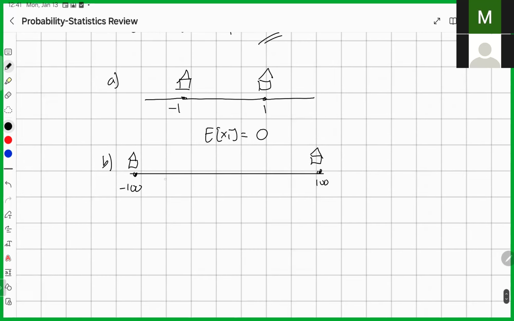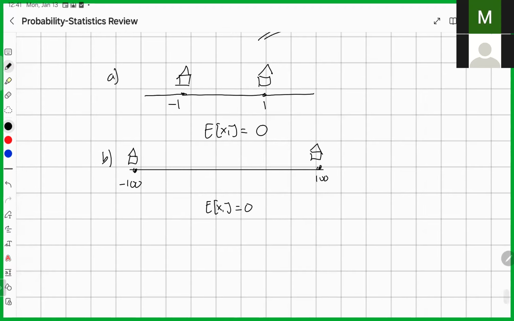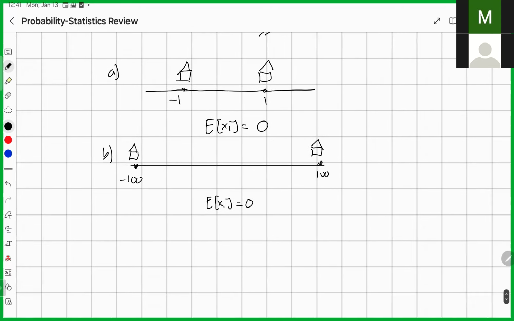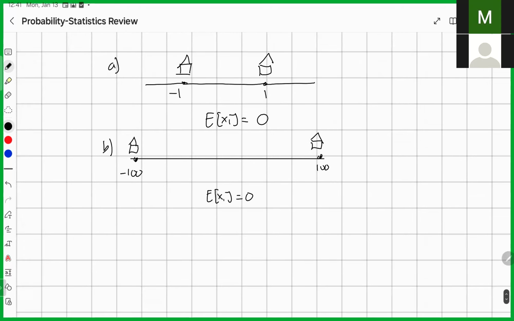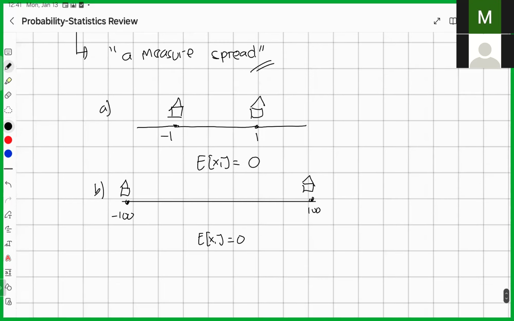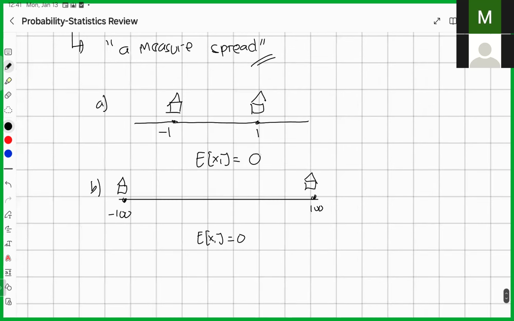If we try to measure them, it turns out they also have expected value equals 0. So we basically want to say that these two houses, between A and B, are different, meaning we cannot say they are the same because they have the same expected value.